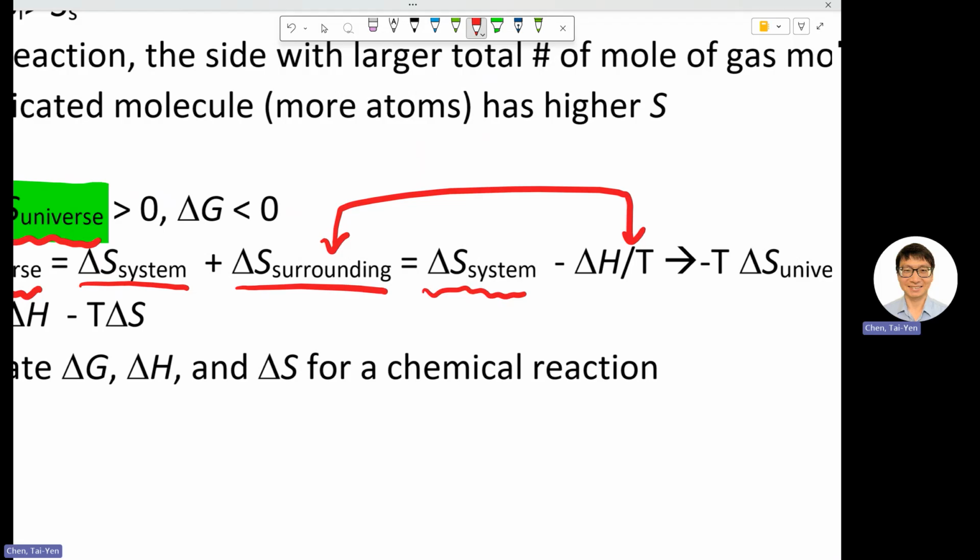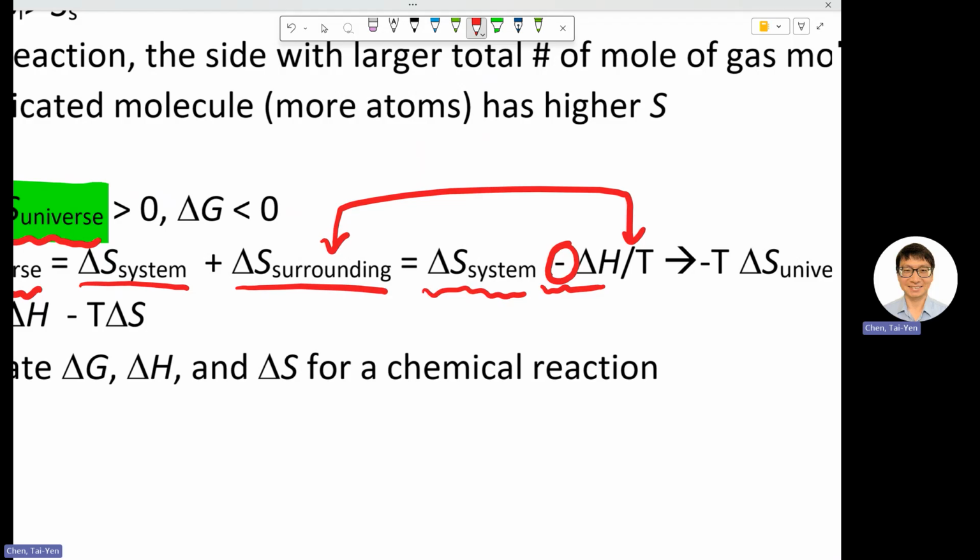So it's the same amount, but your surrounding is going to get that delta H. Okay, that means when you write these things, the amount that your surrounding gets will be the same quantity. But your system is losing the delta H that goes to your surrounding. Therefore, you put the negative sign in front of it.